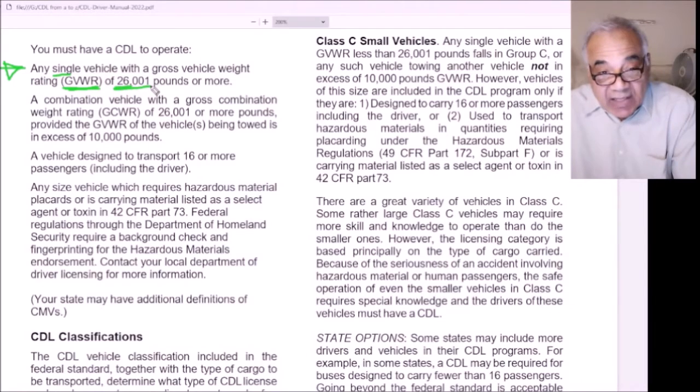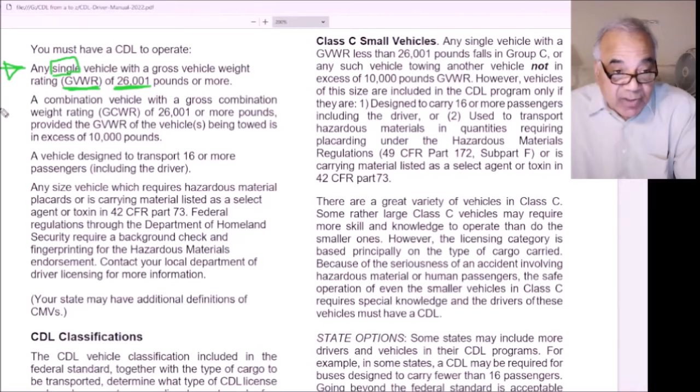If you drive a single vehicle that is over 26,000 pounds, 26,001 means over 26,000 pounds or more, you have to have a commercial driver license. That is if you drive a single vehicle. If you drive a combination of vehicles with a gross combination weight rating, note the difference between the C here and the V here.